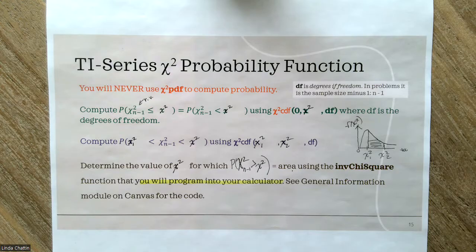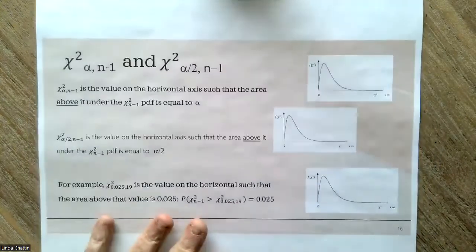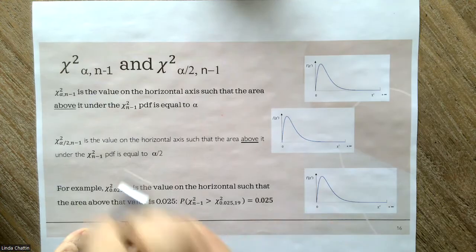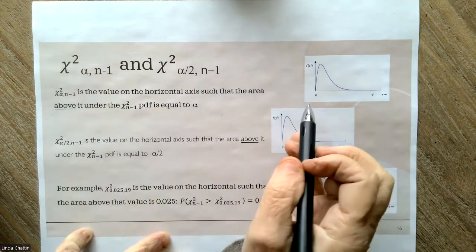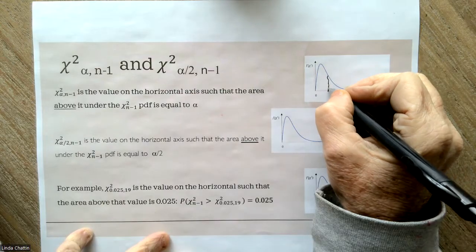Okay, so just like we did with the values for Z and T for those confidence intervals, we're going to have similar ones here. So we're going to have chi-square sub alpha, n minus 1, and chi-square sub alpha over 2, n minus 1. And again, the key word here is above. If I wanted a value such that the area above it, I'm going to just draw it right here.